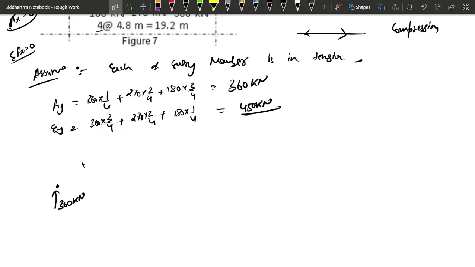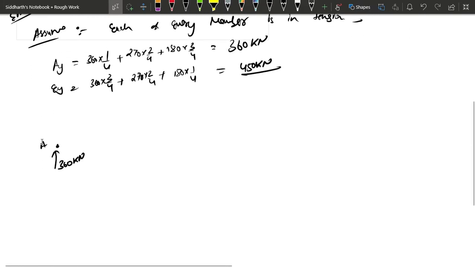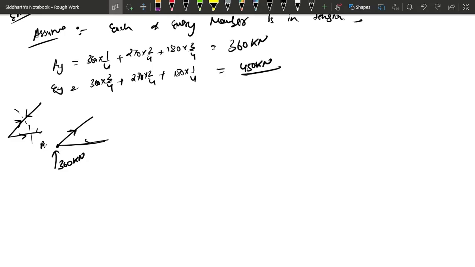Now we know that at joint A we have a force acting as 360 kilonewton in the upward direction, and then one member force will be this and another will be this. How can we define this? We know that we are considering this in tension, so see that we are cutting it from here. This is how this will be marked.